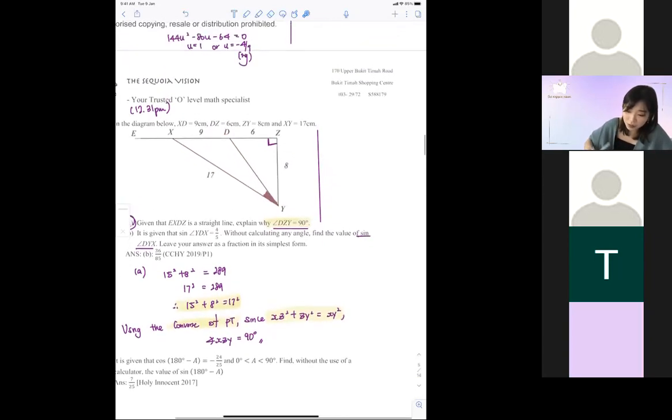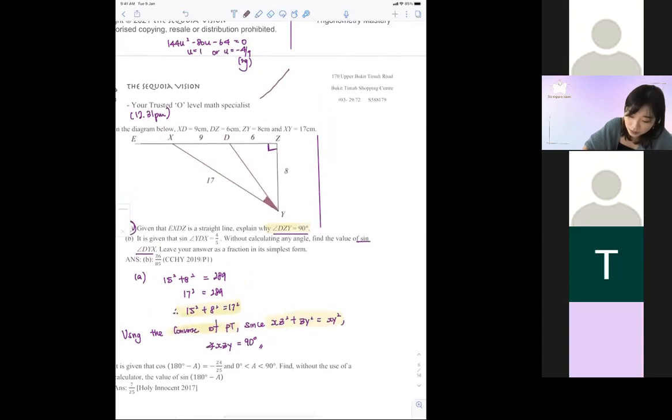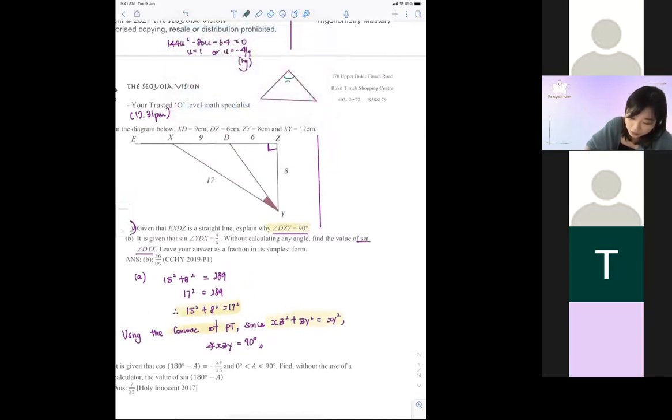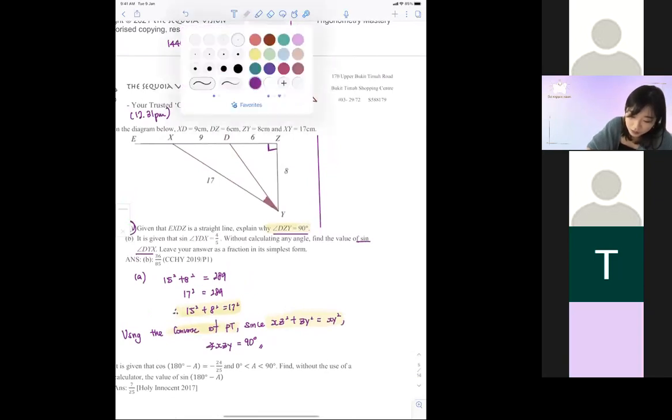So let me recap sine rule. Sine rule says that if this is my angle A, this will be my length a. If this is my angle B, this is my length b.